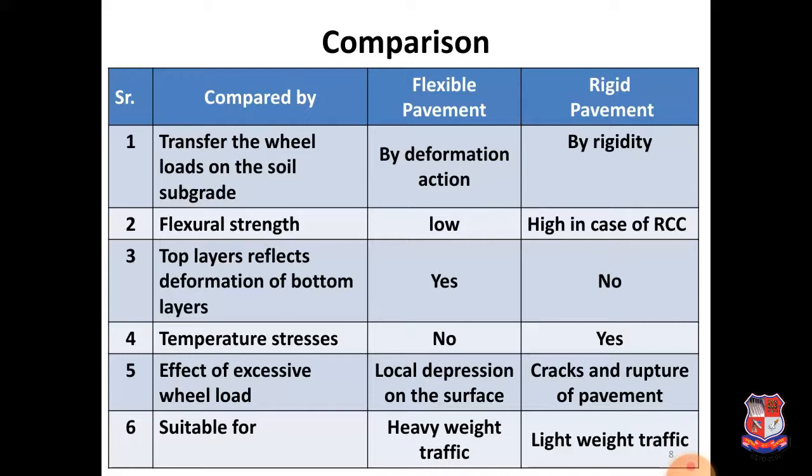But in rigid pavement, the overall thickness of the road pavement is less compared to flexible pavement, so it cannot take heavyweight traffic, so it is suitable for lightweight traffic.